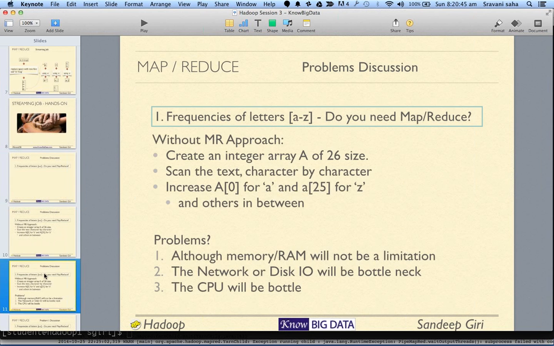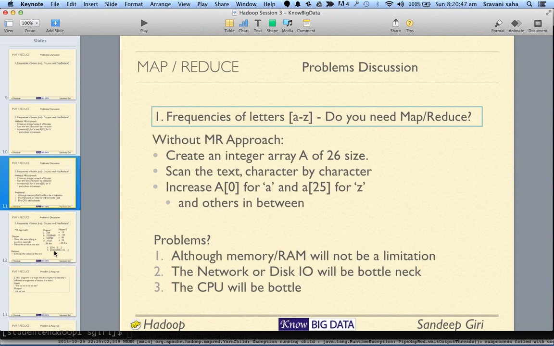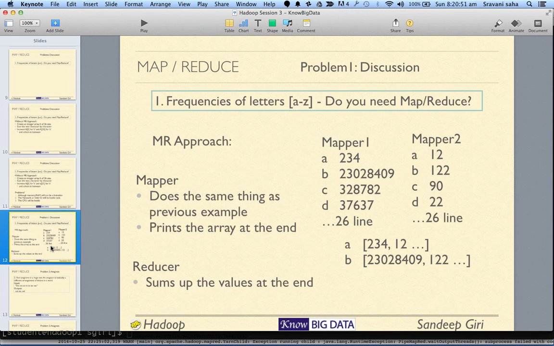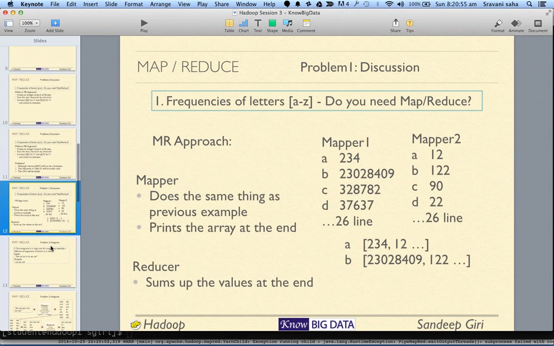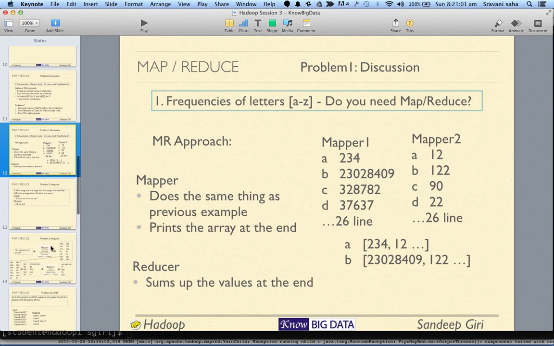So all right, this was the first problem. Second problem. So this is a walkthrough of how you would do the MapReduce.